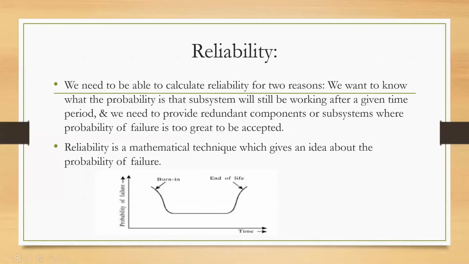Now, this is the reliability curve for space qualification. What are the points of failure in the life of a satellite? There are two points of high probability of failure: one is in the early life, and one is at the end of the life. This is as expected. What is the lifetime or mission time?